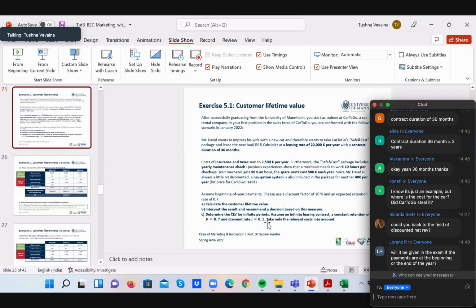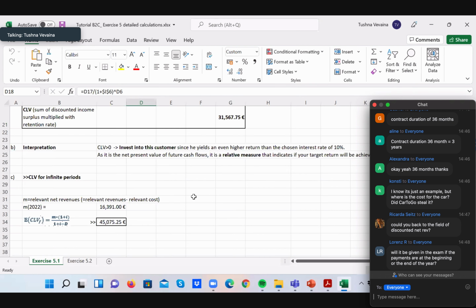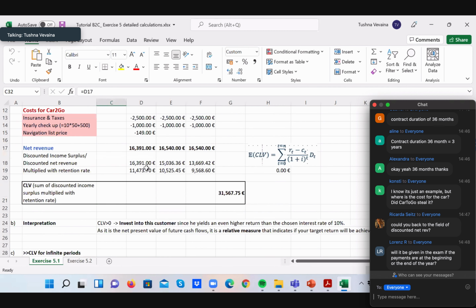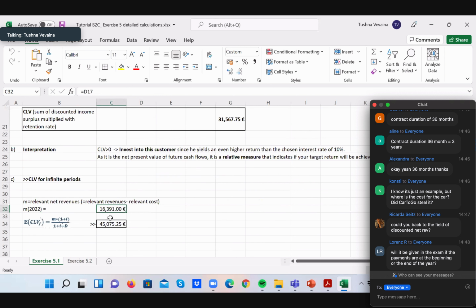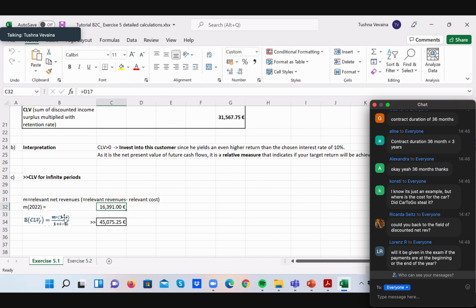Now the next part of the question, part C, was to determine the CLV for infinite periods of time. Here you're assuming again the constant retention and the same discount rate as previously. Just use this formula where you're taking M, which is the revenue minus cost for that period of time. In that case, we had 16,391 in the first year, multiplied by the discounting factor and divided by 1 plus I minus D, which is exactly what I did.